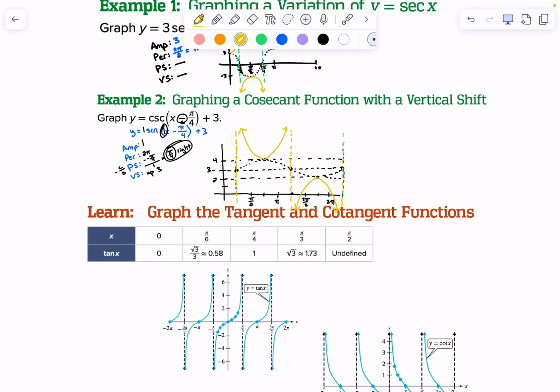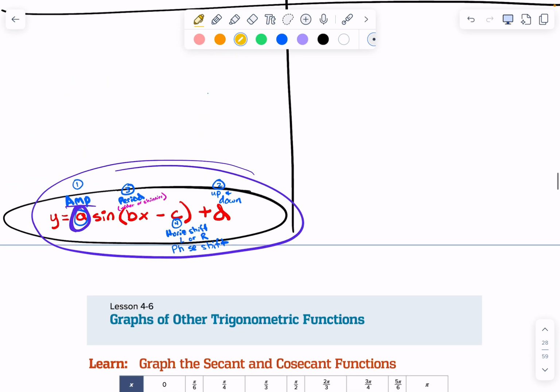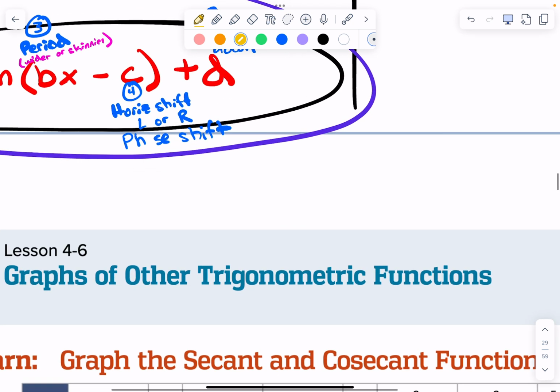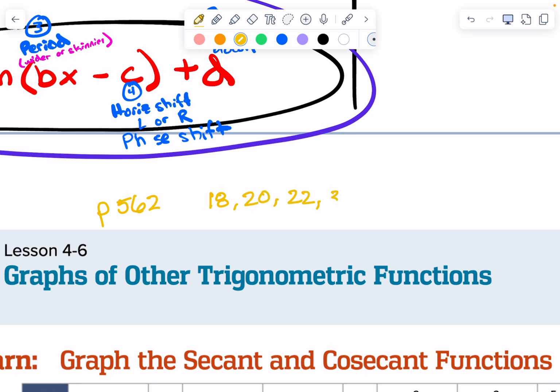I would, though, grab your homework assignment and start graphing as many of these as you can while it's still in your brain. What is the homework assignment? There's a lot. Page 562: 18, 20, 22, 36, 44, 50, 60.